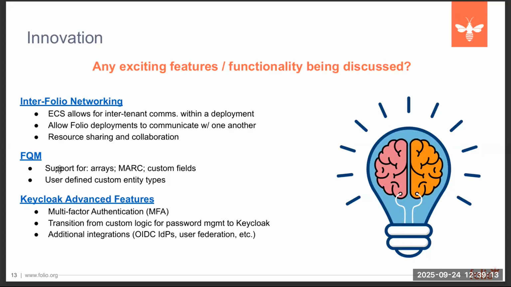So we want to go a little further and ask, what if you are not in the same environment, you don't have the same deployment, you're not sharing the same database? Well, that's what interfolio networking would be, allowing the same sort of functionality that we have with ECS to share resources and data, even circulation functionality with other Folio deployments.